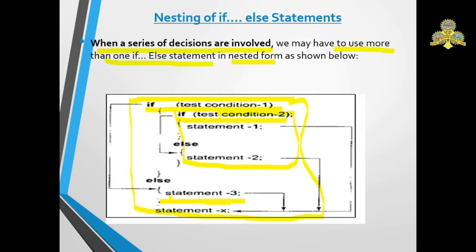Otherwise, if test condition 1 becomes true, then it continues to perform the second test. Here you will see the second if statement. If test condition 2 becomes true, its associated true part, that is statement 1, will be executed.